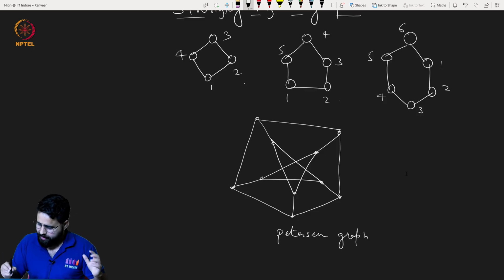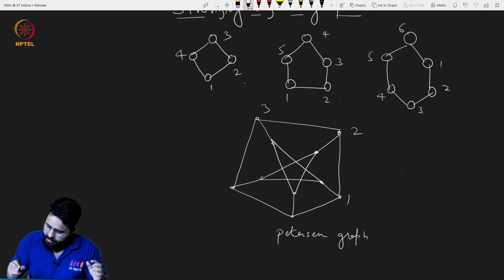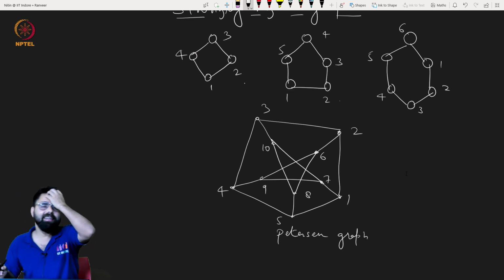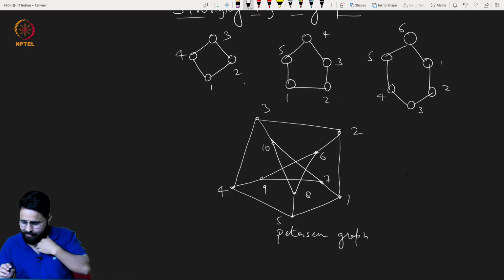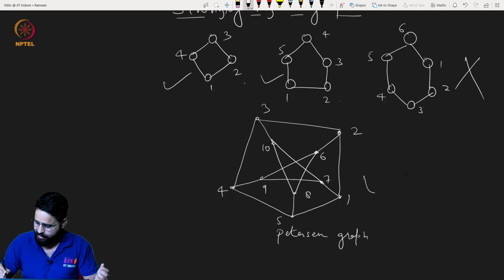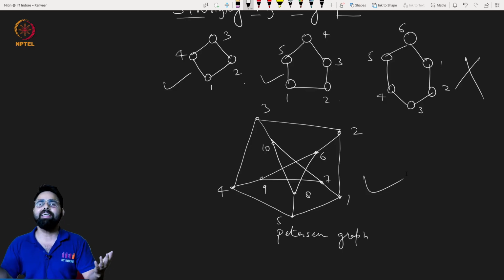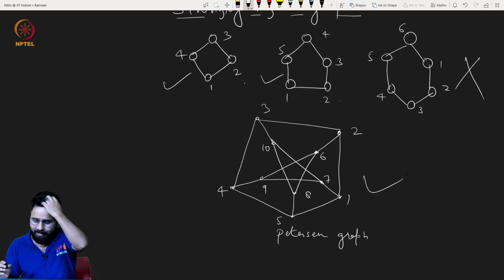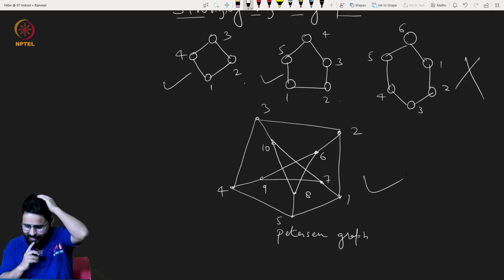Now let me first tell you which are strongly regular and which are not, without defining them. 6 7 8 9 10. Then you analyze what the property is that makes them strongly regular. So this is strongly regular, this is also strongly regular, this is not strongly regular, this is strongly regular. Now think, what property makes them strongly regular?